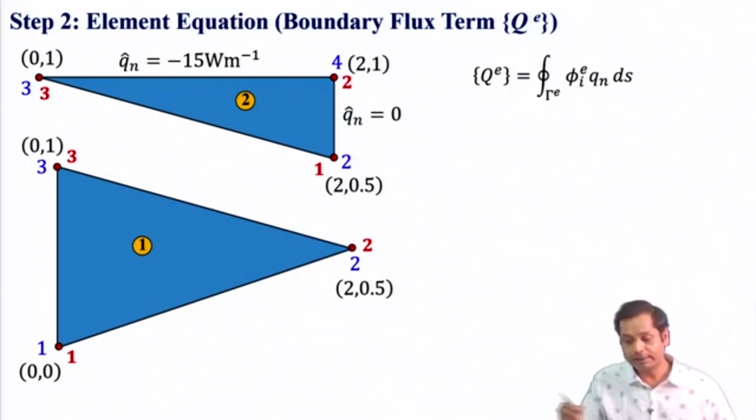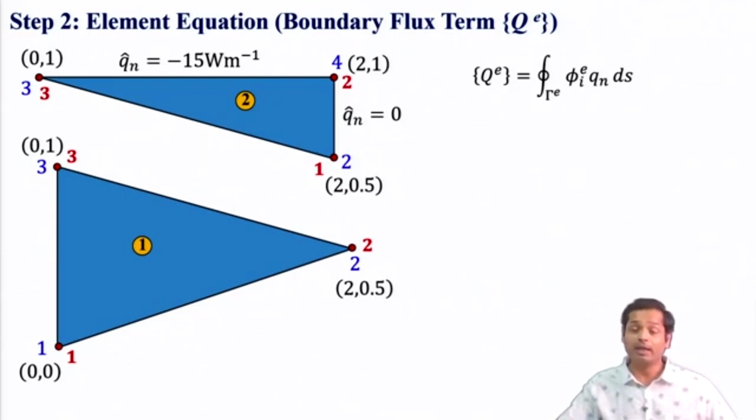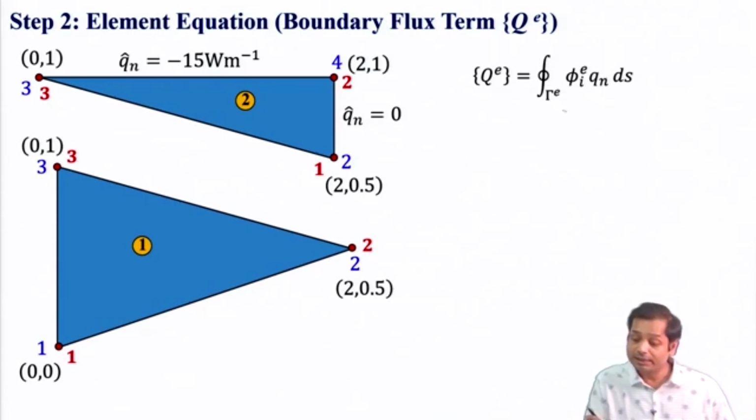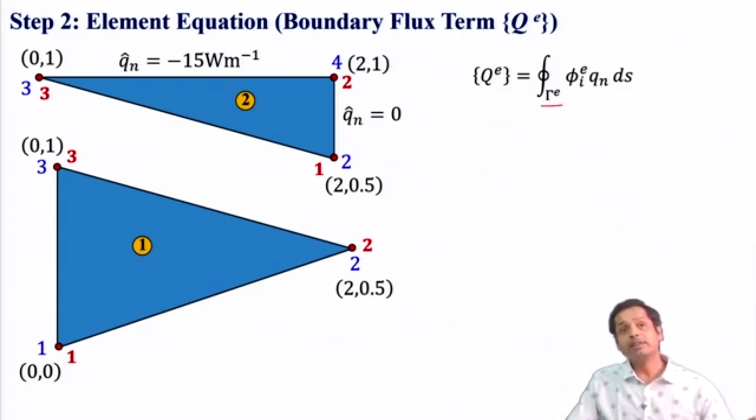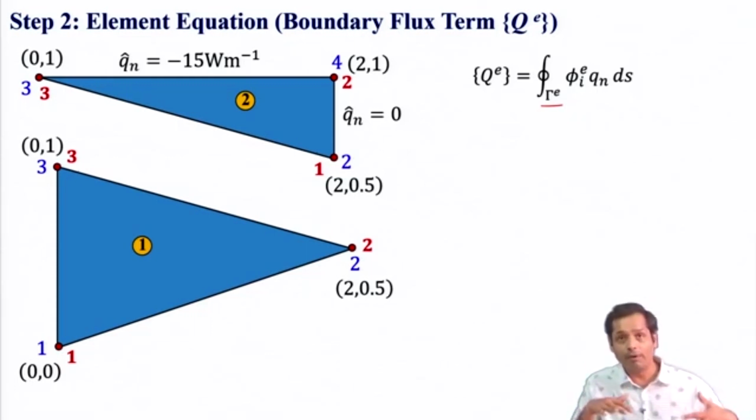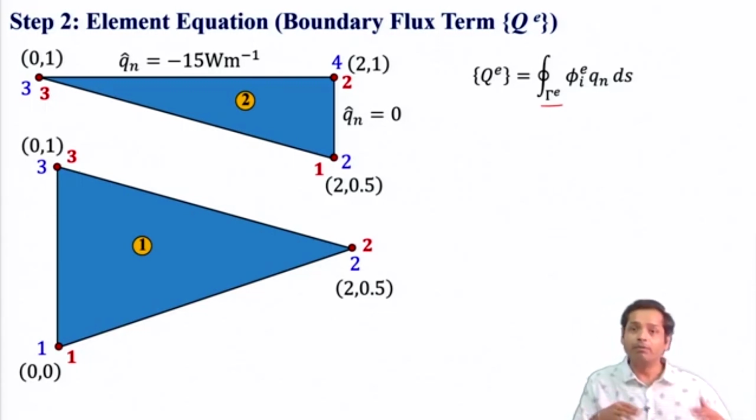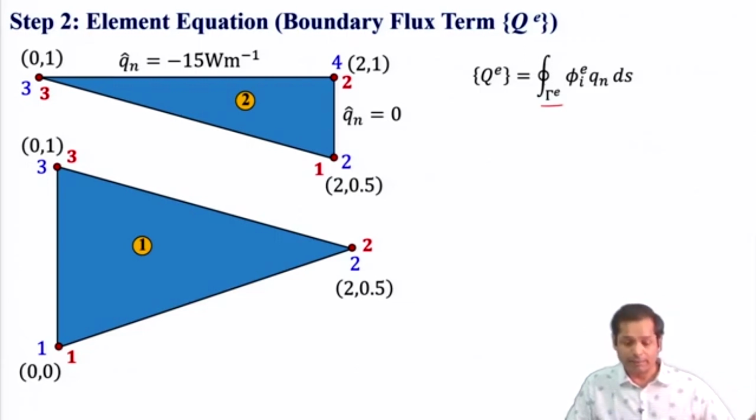For the boundary flux term, we had a detailed discussion on how to compute it. This is essentially a boundary integral we need to perform, right? There we discussed that this integral needs to be evaluated on the boundary of an element which coincides with the boundary of the domain where the natural boundary conditions are prescribed.